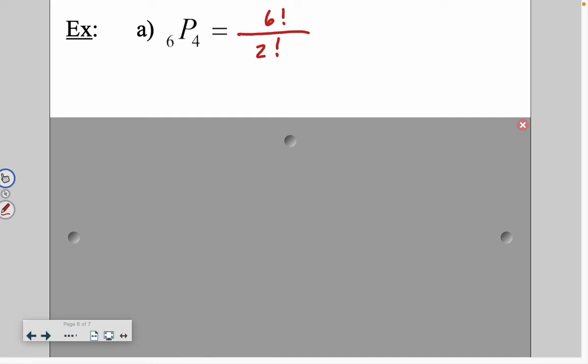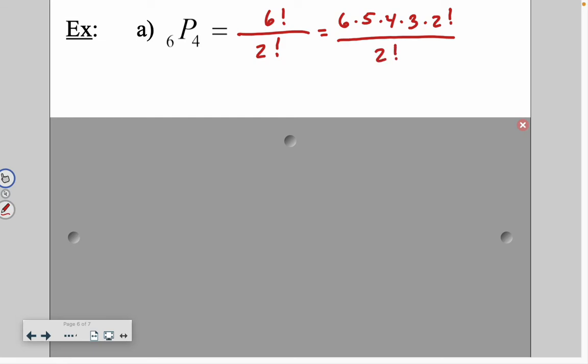Now you could go ahead and type that in. Again, I'm going to do it by hand because I want you to understand the concept versus just typing it in and getting some random number that doesn't mean much. Think back to what we did at the start of the chapter, where we introduced on day 1 what a factorial was. We did problems just like this. 6 factorial, if you take the greater factorial and start working your way down, you've got 6 times 5 times 4 times 3 times, now we made it to the other one, 2 factorial.